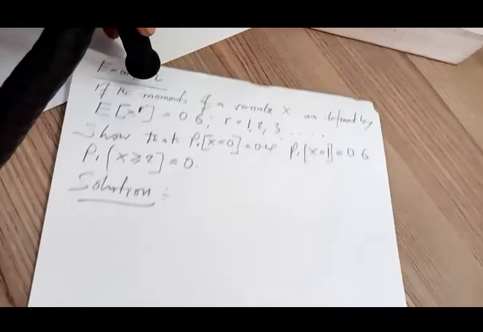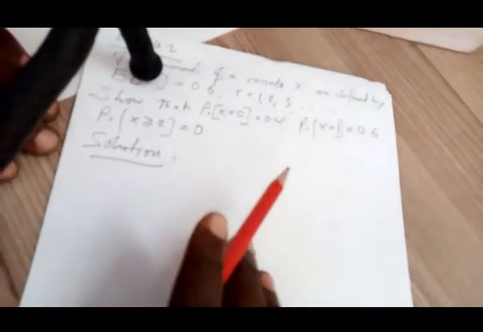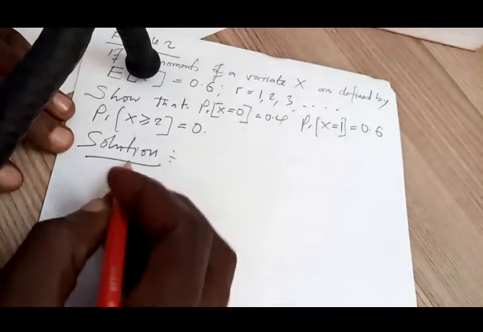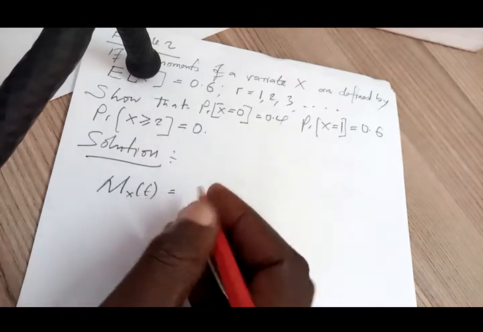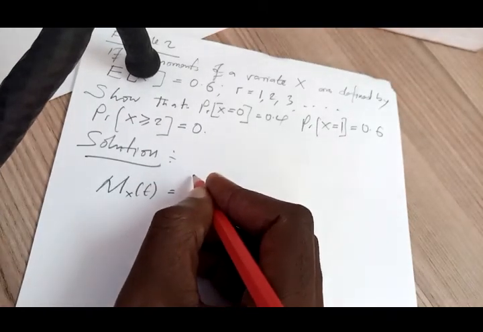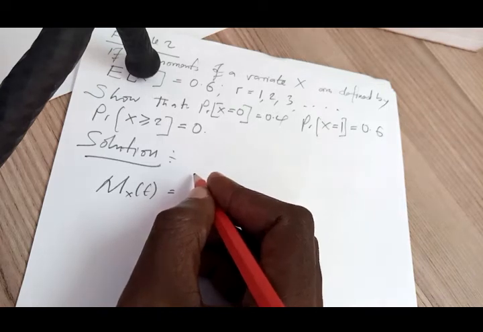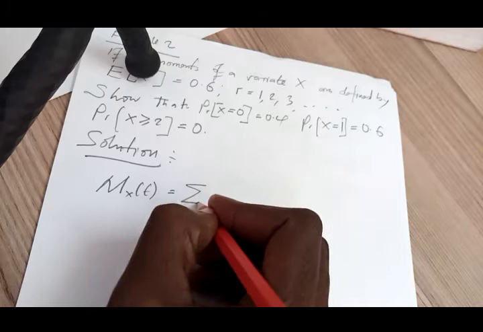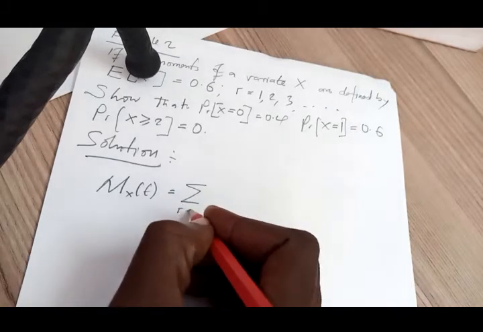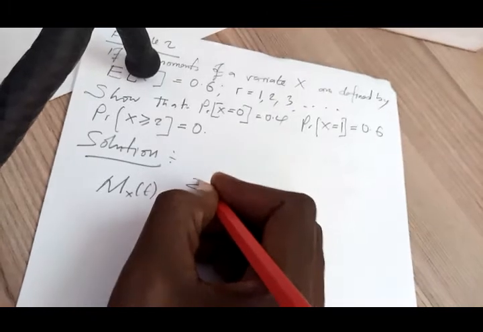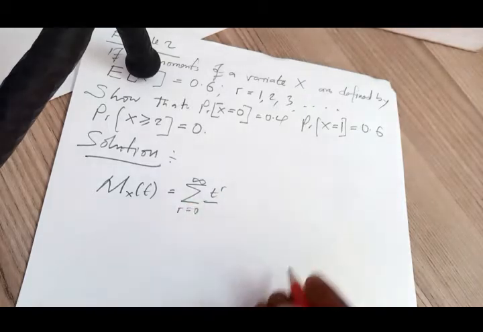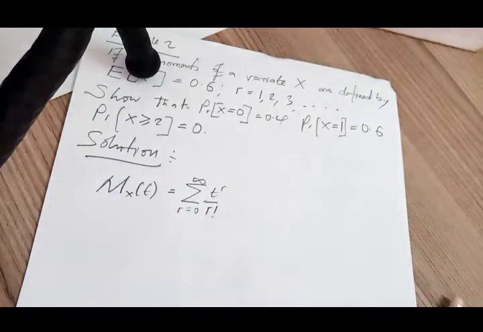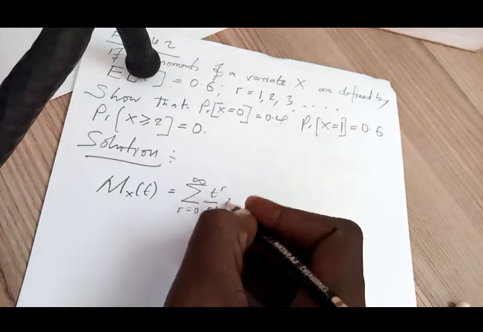Now, we've got a variety of definitions of moment generating functions. Under the discrete case, the moment generating function of x, in terms of the moments, is given as the summation, running from 0, that's the origin, up to infinity, of t to the power r over r factorial, multiplied by mu r.